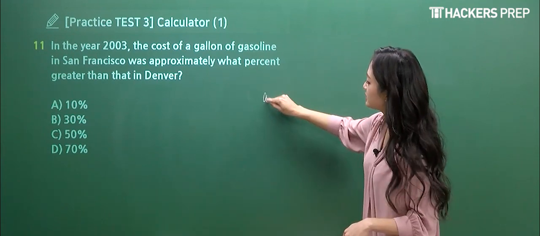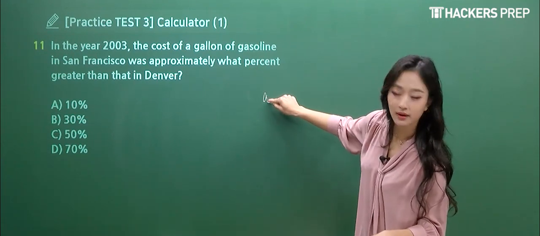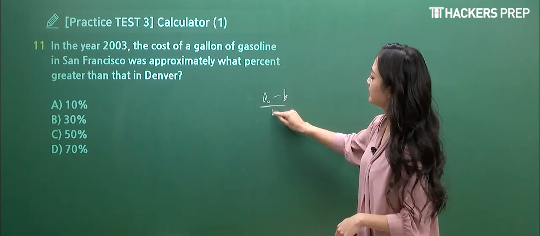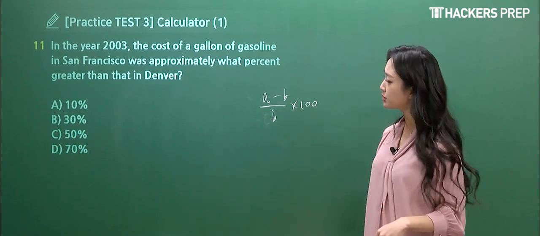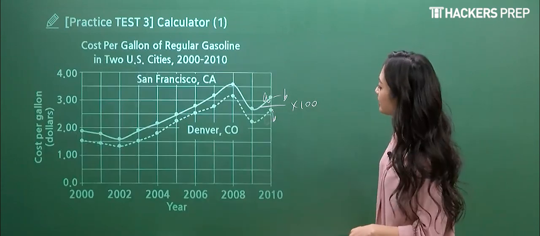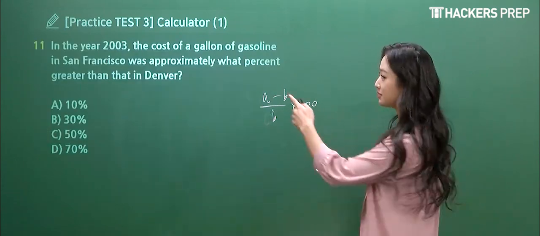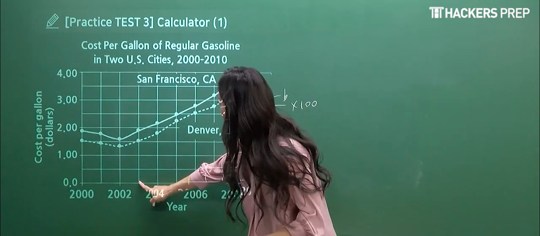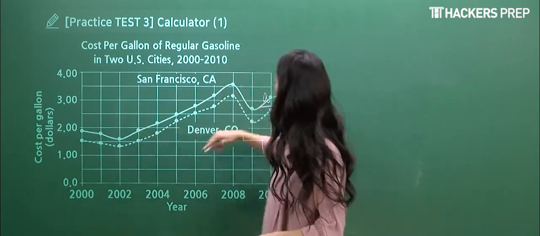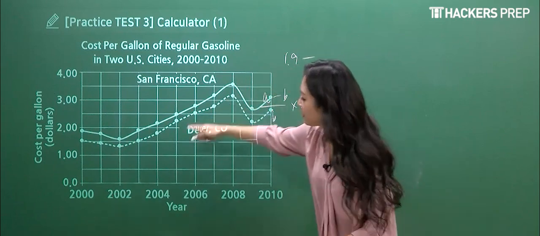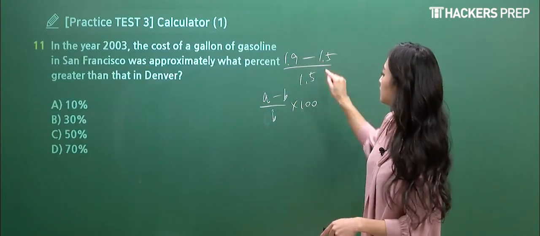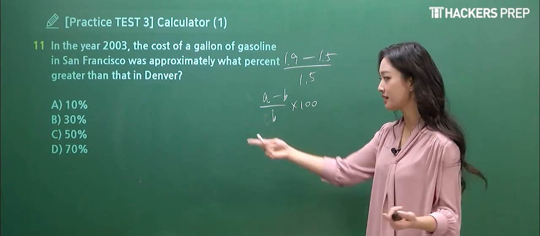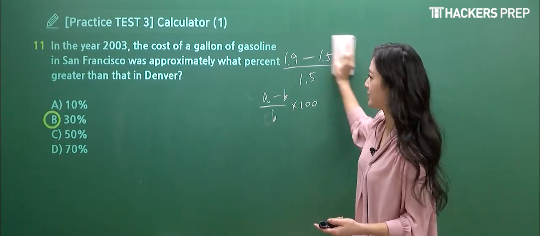So if I let San Francisco be a variable A and Denver B, they're asking for what percent greater than Denver. So that's what we're trying to find out, right? So you go back, and what year was it? 2003, right? So in 2003, San Francisco was about a value of 1.9, and Denver had a value of about 1.5. Plug this into your calculator. What do you guys get? About 30%. So B is your match.